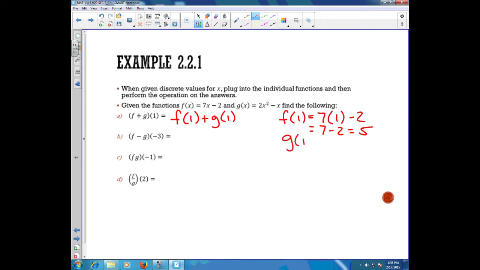And so we get 2 times 1 squared minus 1, or 2 minus 1, which is just 1. And so f of 1 is 5, g of 1 is 1, and so f plus g of 1 is just 6.